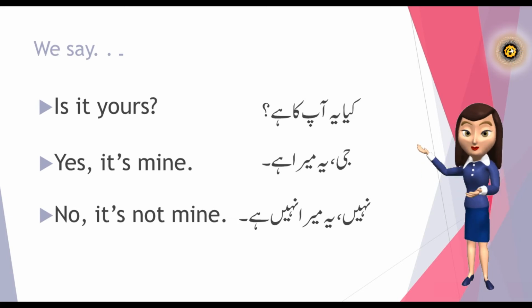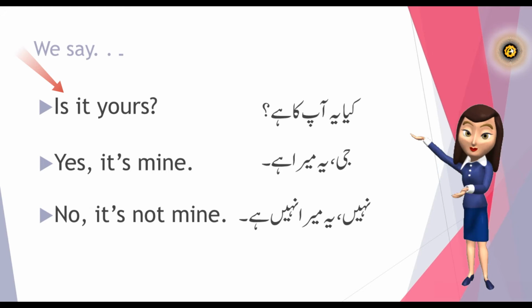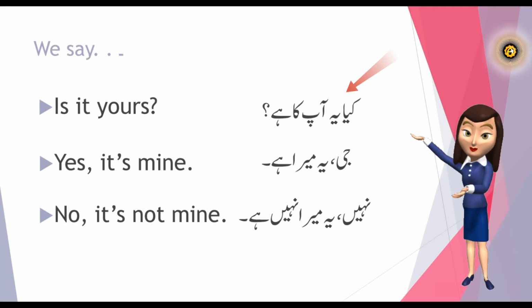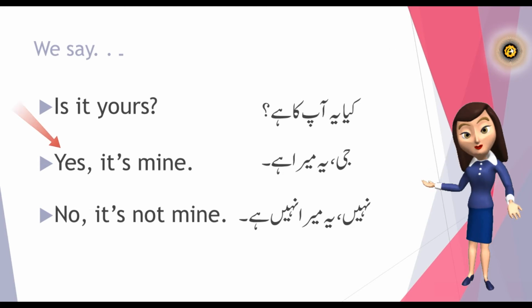Let's repeat all these sentences one more time. In English we ask and say, is it yours? And in Urdu it is, kya ye aapka hai? Then we answer, and if the answer is yes, then we say, yes, it's mine.